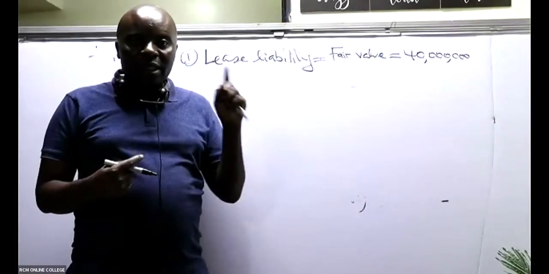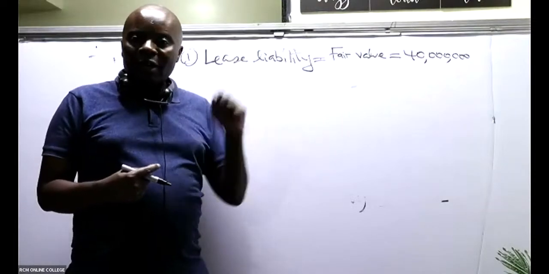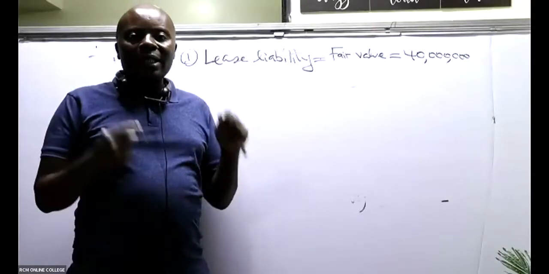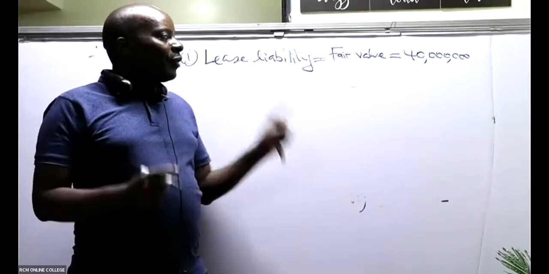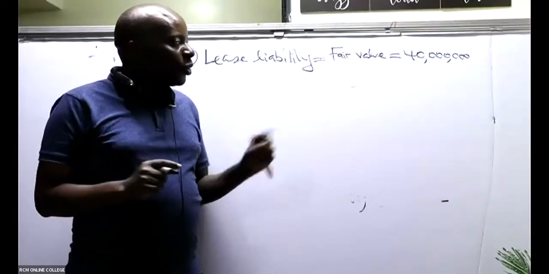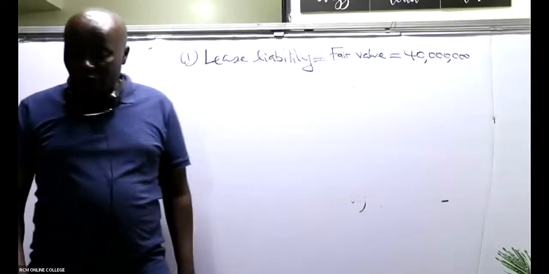So the total lease liability will be this 40 million. Because I've been given fair value, I don't need to discount at all. Because lease liability, which is the present value of all the lease rentals, shall always be equal to the fair value of the asset.